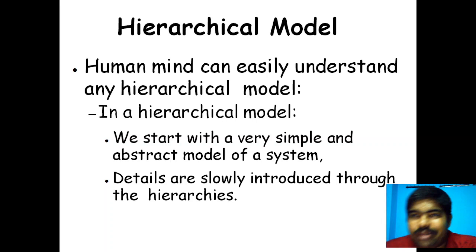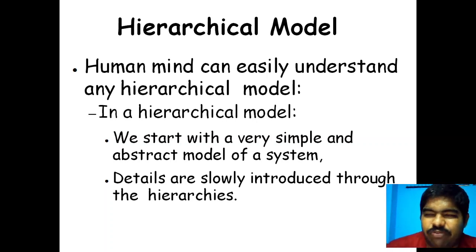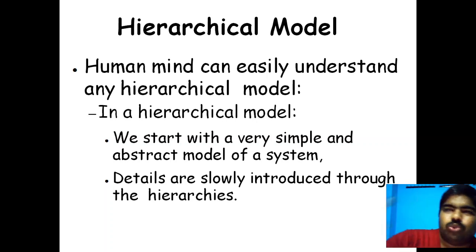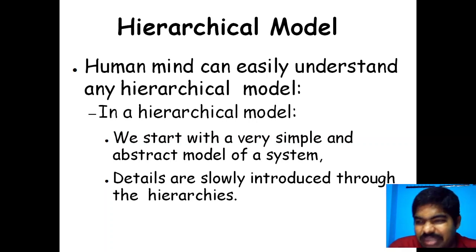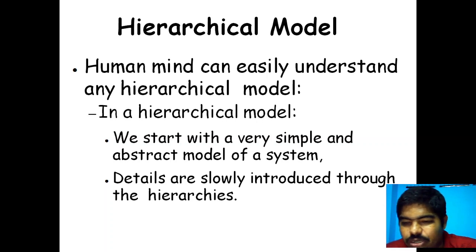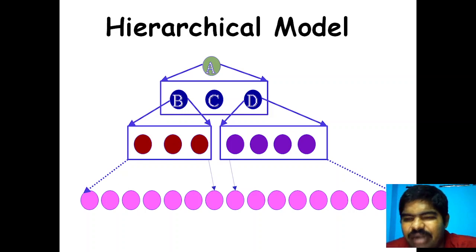If not in a hierarchical model, suppose someone in our family says he is the son of so-and-so, and he is the son of someone else, if they keep saying the relationship like this, we are not able to remember it. But if we are given a pictorial representation with a hierarchical notation, then we are slowly introduced through hierarchies, and we can easily understand it.